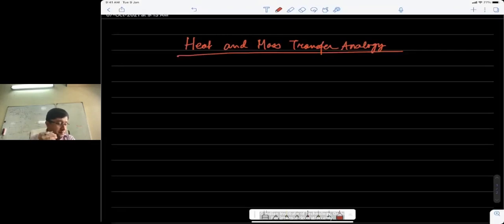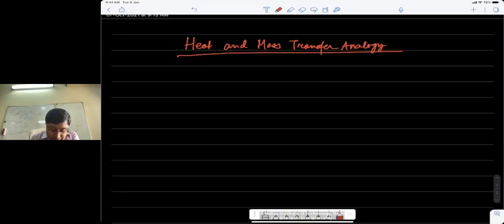Now, since the mathematical form of the equation is the same, the boundary layer temperature and concentration profiles, T star and C star profiles in the boundary layer, would also be similar because the equations are similar.